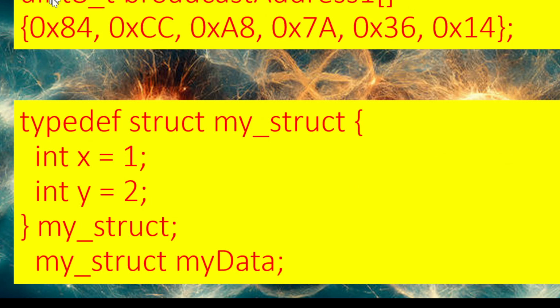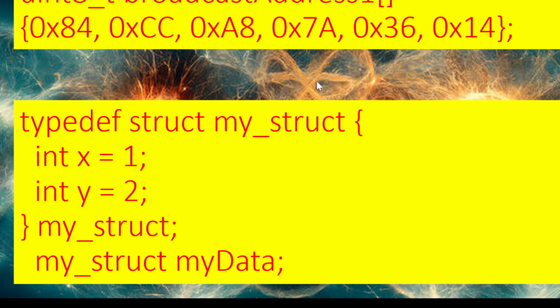So first I need to define the MAC address of the receiver. So uint8_t broadcastAddress, this is an array, and this is how I'm going to define it. If you recall how my Wi-Fi address was printed, it has 1, 2, 3, 4, 5, 6 bytes. So I will define it as 0x84, 0xCC, 0xA8, and so on.